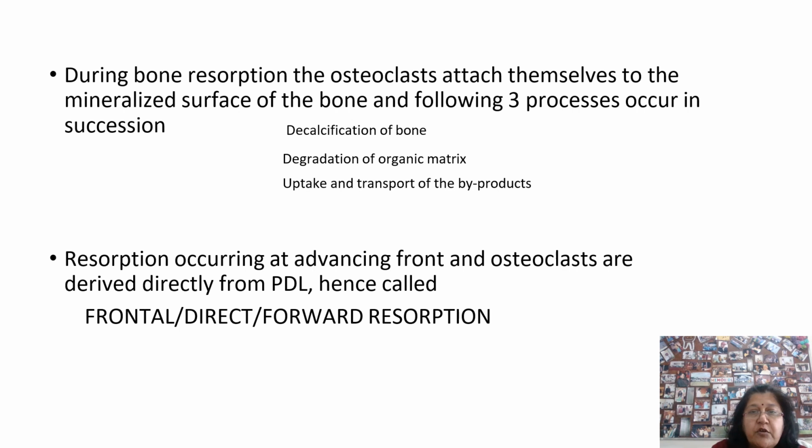During bone resorption, the osteoclasts attach themselves to the mineralized surface of the bone, and the following three processes occur in succession: decalcification of bone, degradation of the organic matrix, and the uptake and transport of the byproducts which are produced as a result. So resorption occurs at the advancing front, and osteoclasts are also derived directly from the periodontal ligament. Hence, this is known as frontal, direct or forward resorption when light forces are applied to the teeth.